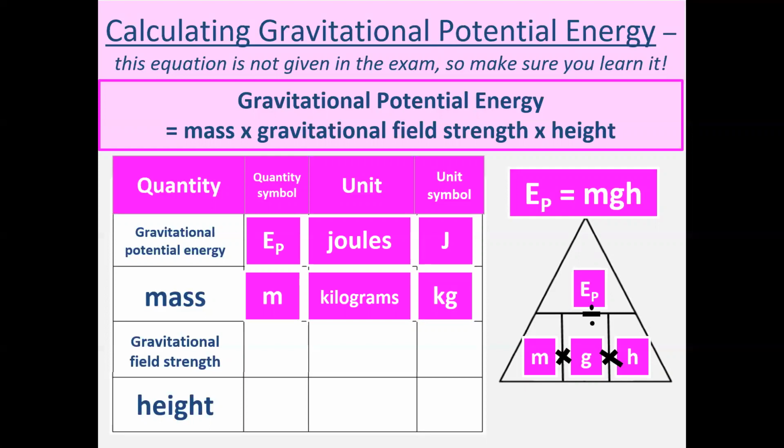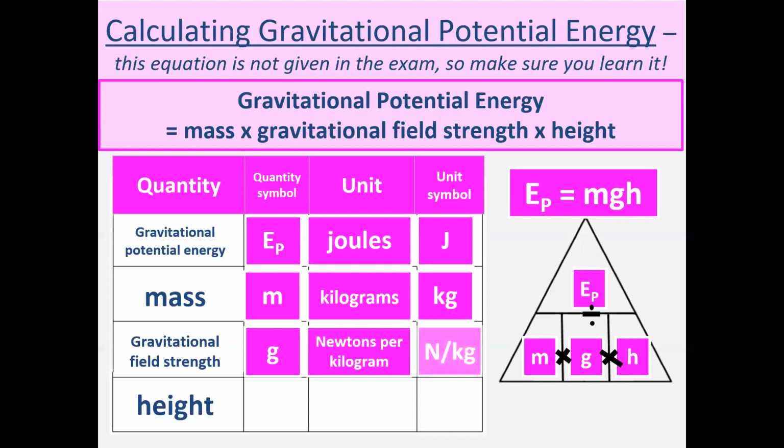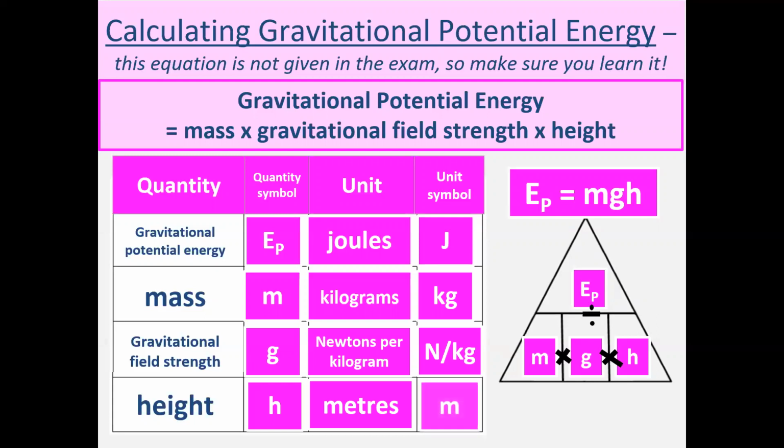And then for gravitational field strength, the quantity symbol is a lowercase g, the unit is newtons per kilogram, and the unit symbol is capital N / kg. And then the height, the quantity symbol would be a lowercase h, the unit would be meters, and the unit symbol would be lowercase m for meters.